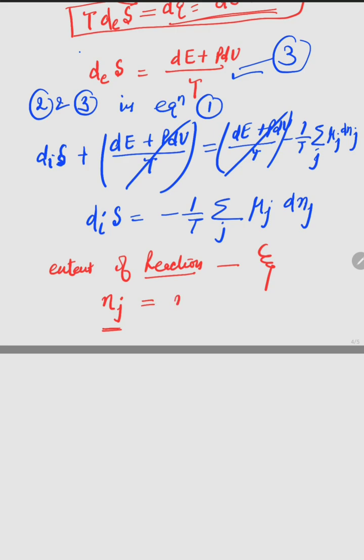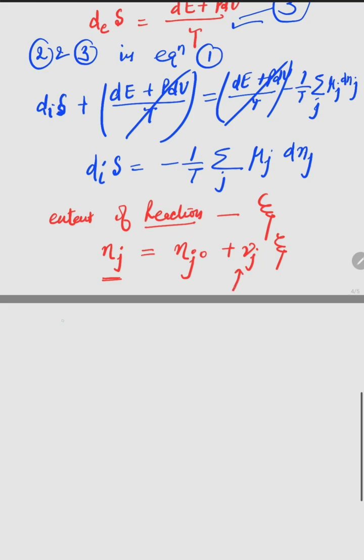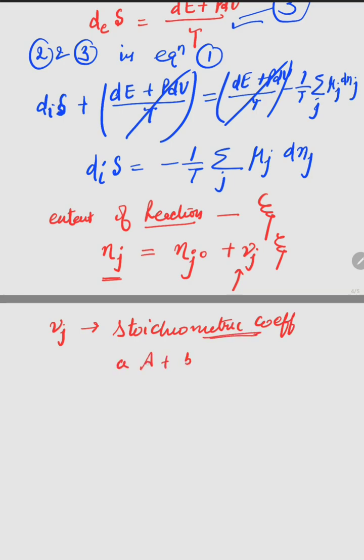This is equal to the number of moles in the initial state plus nu_j into chi. Chi represents the extent of reaction, and nu_j represents the stoichiometric coefficients of the system. For example, A mixed with B, the number of moles basically.